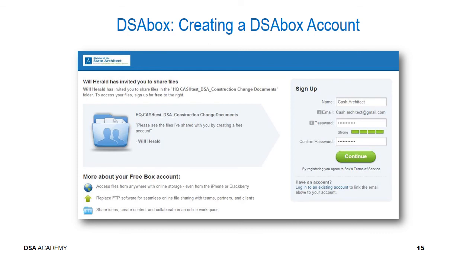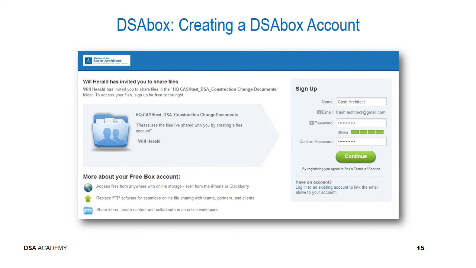When it comes to creating a DSAbox account, with regards to the information shown in that first email, you'll see something similar to this, which is rather common when creating accounts with various online service providers.